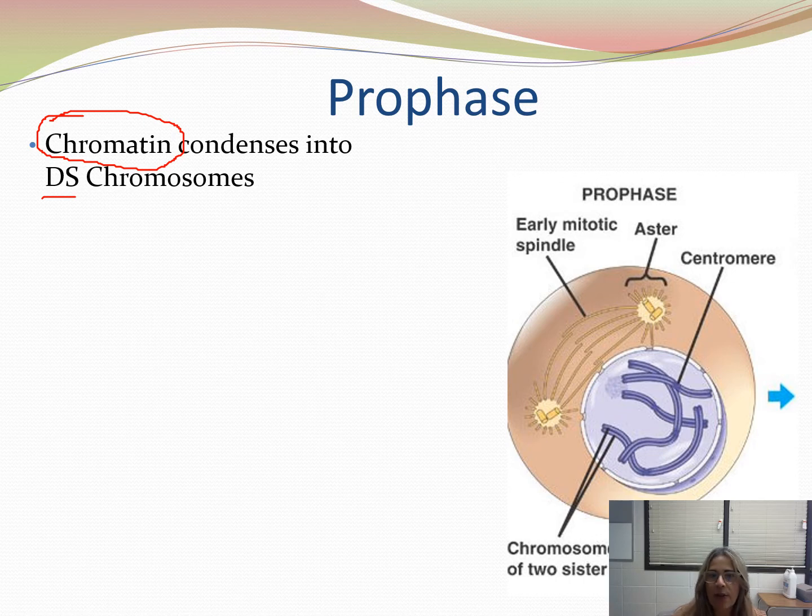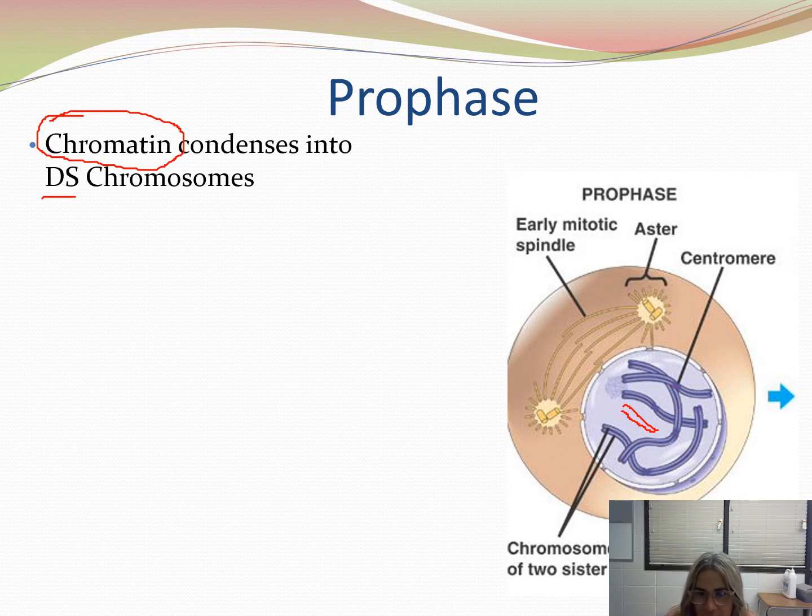So that's one important thing about prophase. We have chromatin condensing into double-stranded chromosomal form, because remember, the chromatin itself at the end of the second growth phase was double-stranded. If we take a look at our little graphic over here, you can actually see the chromosomes have the two connecting chromatids, and so we have double-stranded chromosomes.